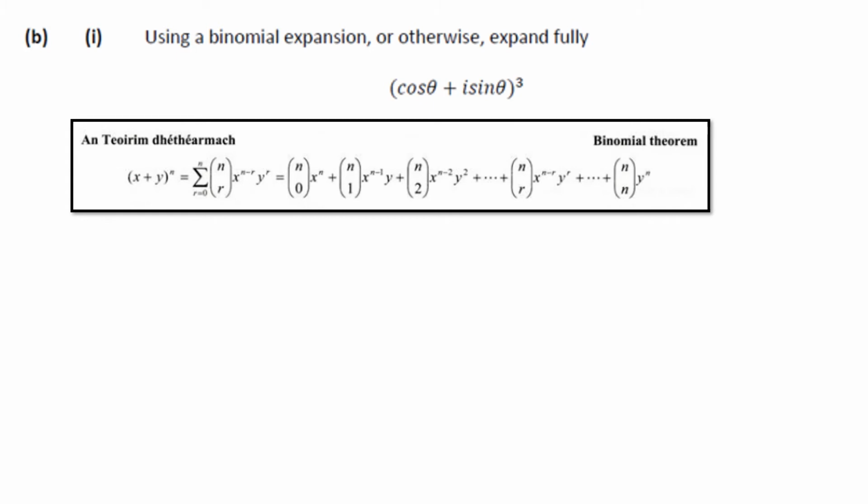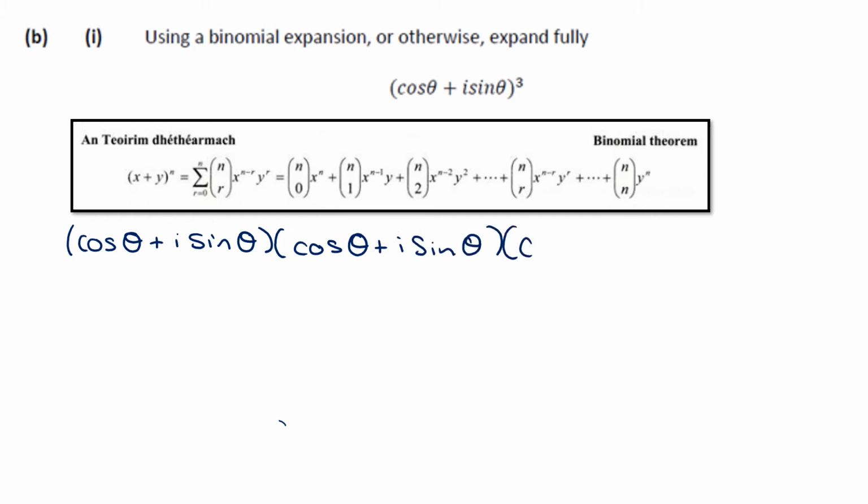So part B asks us to use binomial expansion or otherwise to expand this fully. So cos theta plus i sine theta, all to the power of 3. Now the 'or otherwise' means that you could do cos theta plus i sine theta times cos theta plus i sine theta times cos theta plus i sine theta.